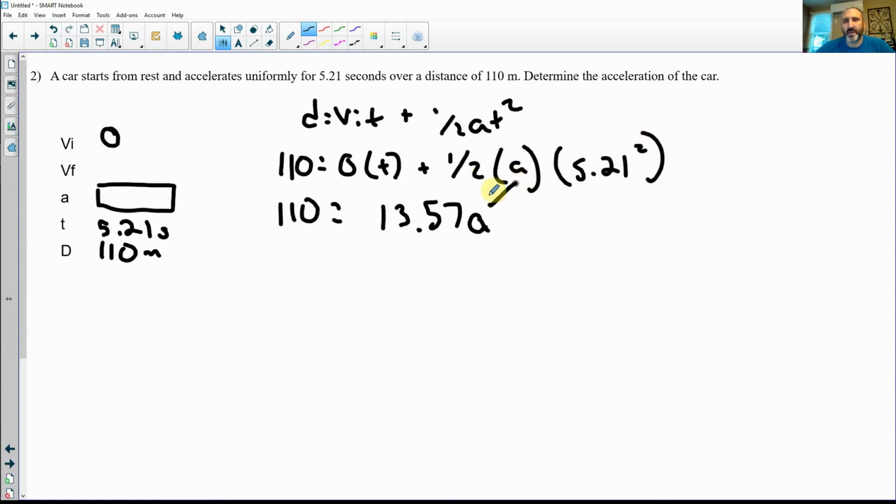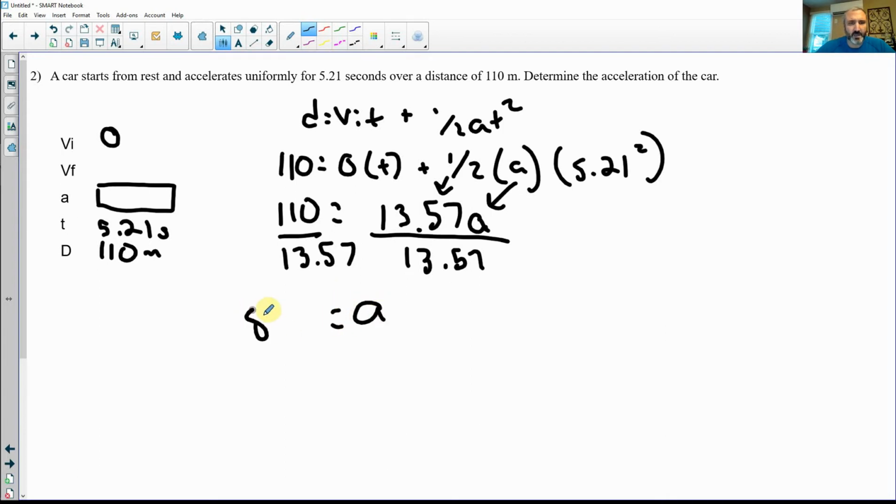So now I brought the A down and my coefficients have come down also. So now I'm going to divide both sides by 13.57. 110 divided by 13.57. It's going to be an A of 8.106 meters per second squared.